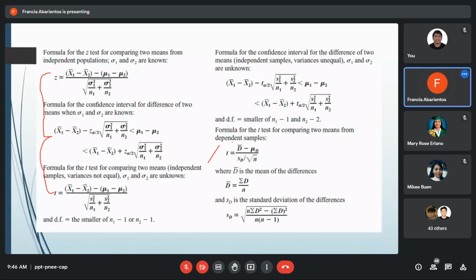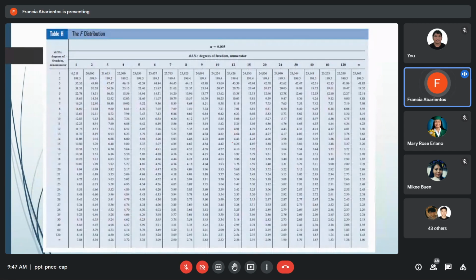So, this is now the distribution of the f-test, used when we compute the test value.